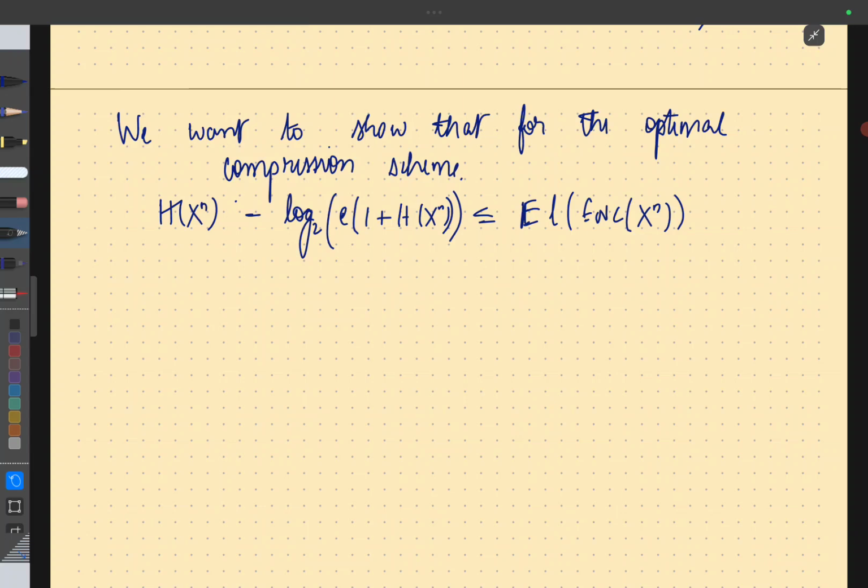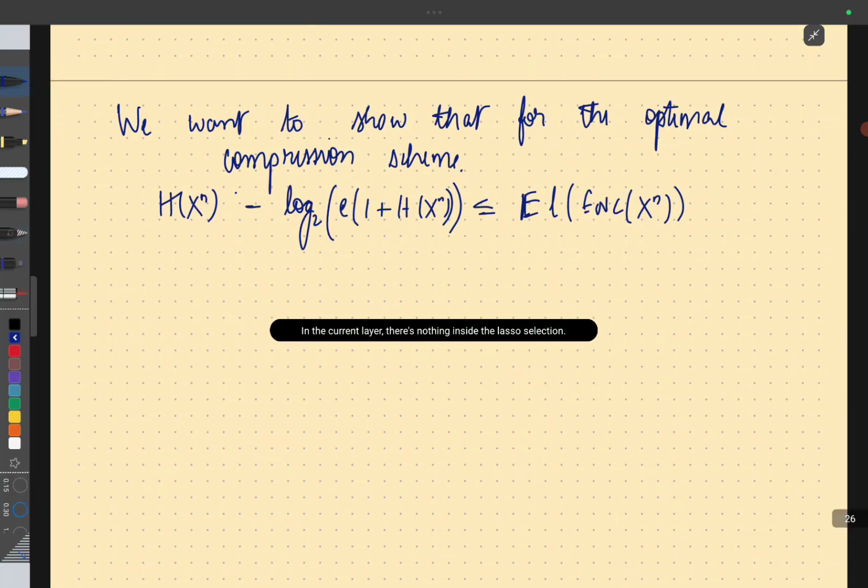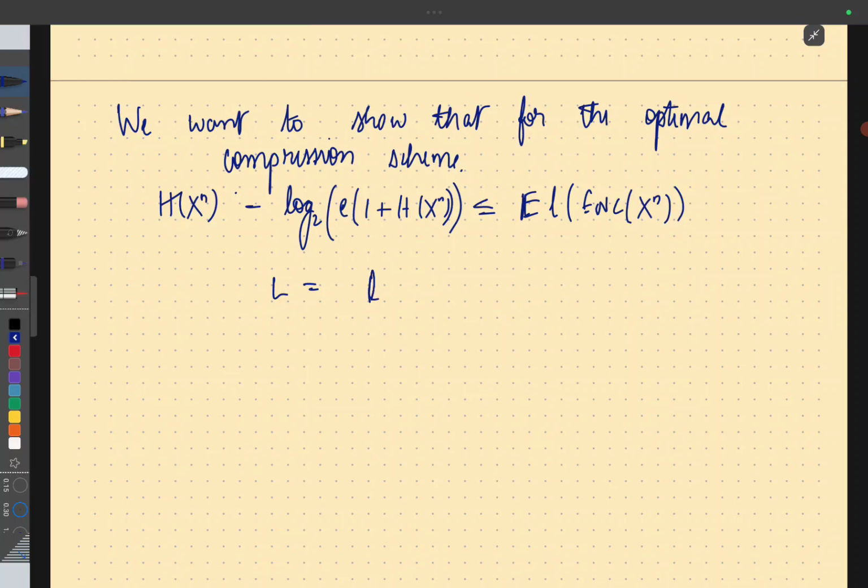So what we want to prove is that the expected length is lower bounded by entropy minus something. So what we'll do is introduce an auxiliary random variable. Let me define the random variable L to be the length of the encoding of X^n.